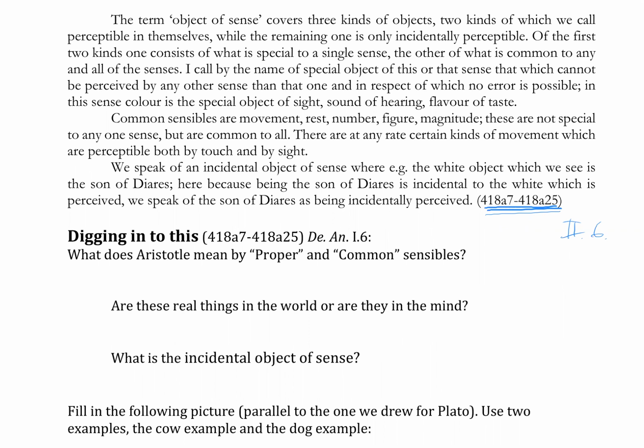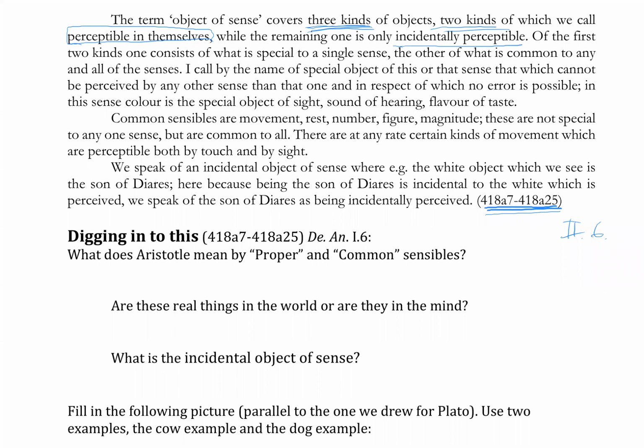Okay, the term object of sense covers 3 kinds of objects. 2 kinds of which we call perceptible in themselves. So there's going to be 2 that are perceptible in themselves, whatever that means, while the remaining one is only incidentally perceptible.